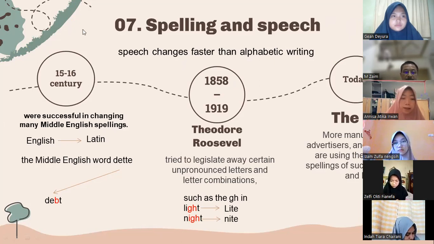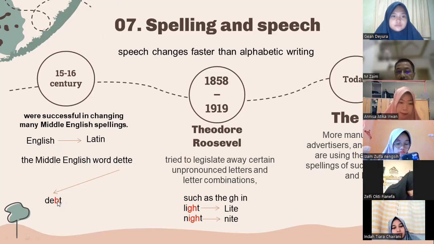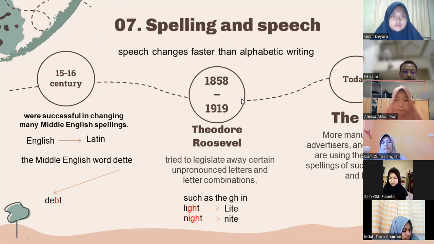For example, the English spelling came from Latin, so the word "debt" in English became "debitum" in Latin, even though the B in this word is not pronounced in English.